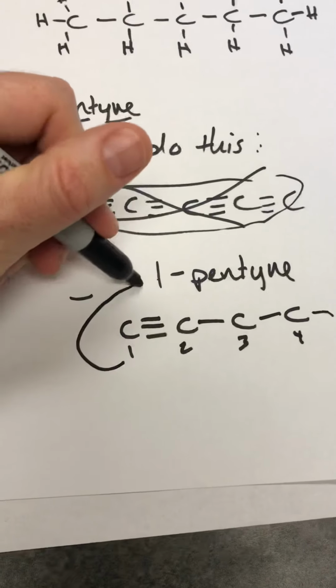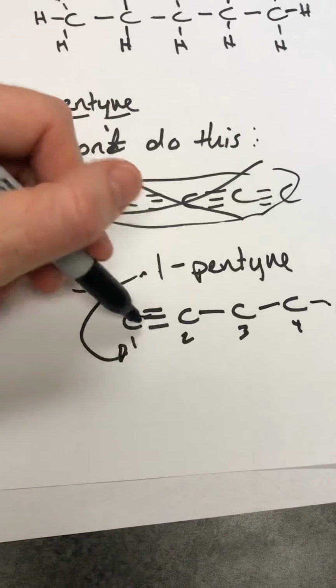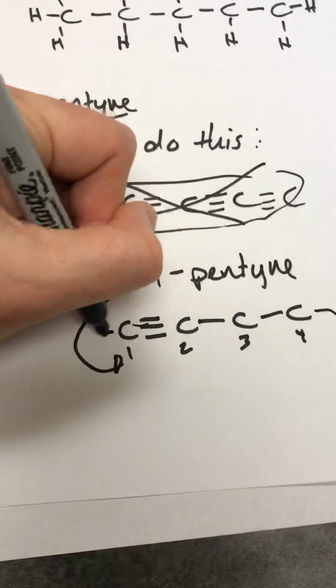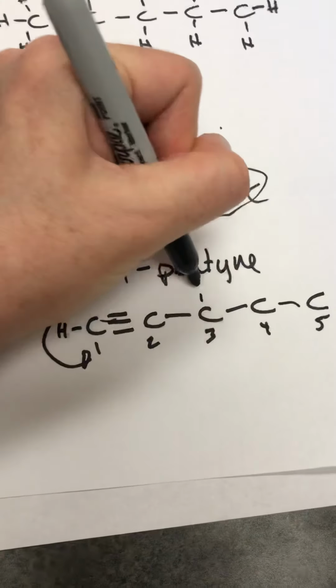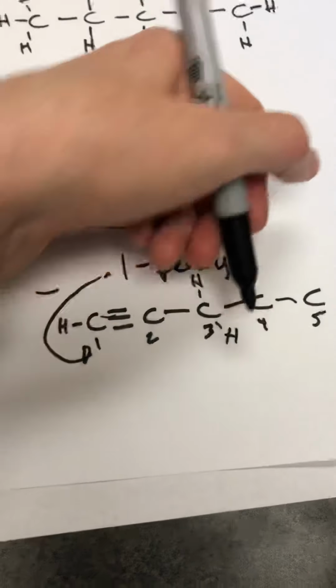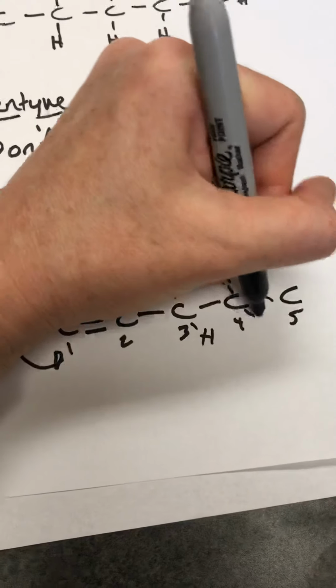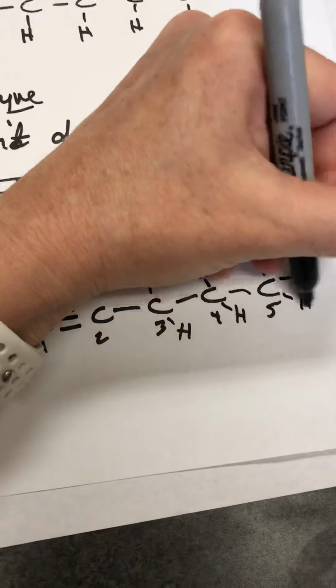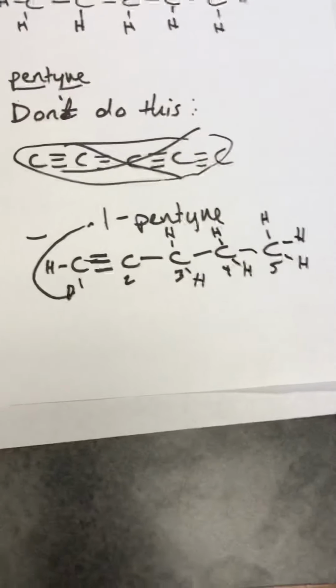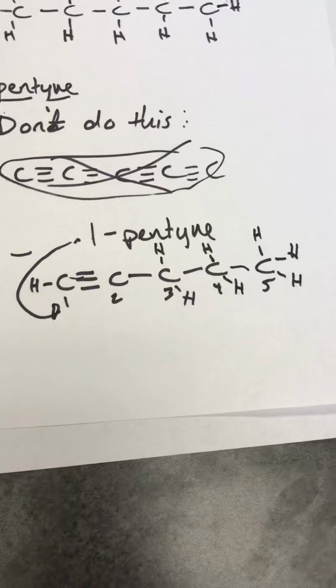So this one told you that on the first carbon, that's where we're going to put the triple bond. Now we fill in with hydrogens. This one would have 1. This one would have none. It already has 1, 2, 3 here and 1 here. This one would have 2 hydrogens. This one would have 2 hydrogens. And this one would have 1, 2, 3 hydrogens. No, it doesn't matter how pretty the hydrogens look, at least for now.